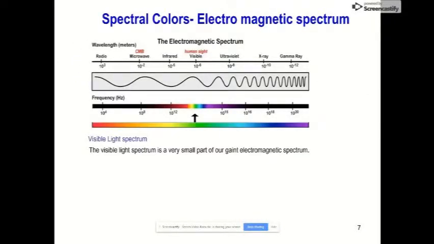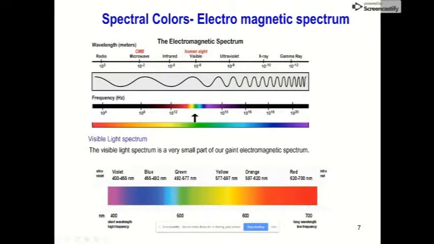So this is the electromagnetic spectrum. This electromagnetic spectrum consists of seven types of electromagnetic waves. In this, visible light is a very narrow frequency band, as you can observe below. This visible spectrum consists of seven colors, and it is called the visible light spectrum.